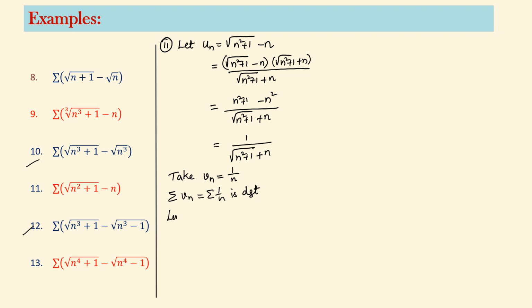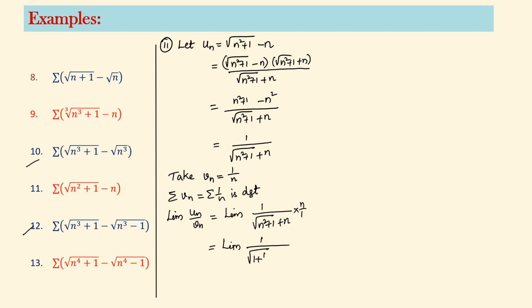So now limit of un by Vn is equal to limit of un, which is 1 by root n square plus 1 plus n, by Vn, which is 1 by n. So taking this to the numerator, we have n by 1. Taking n common from both the numerator and denominator and cancelling, taking n square outside, this will come out as n.